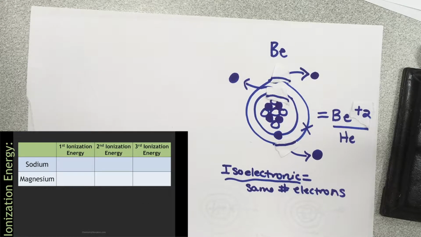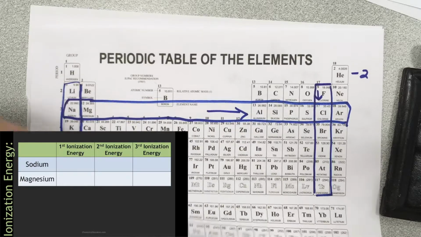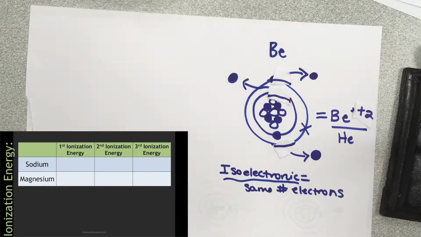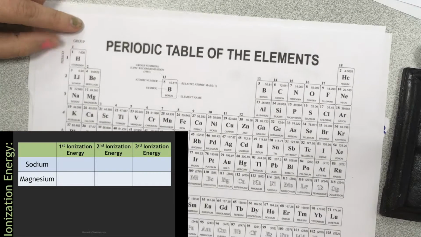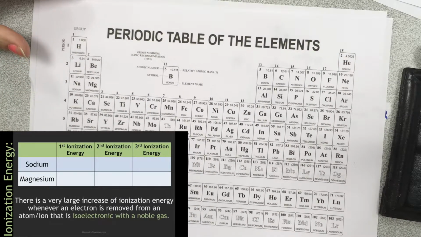And then I am finishing off this lesson with some actual examples of ionization energies. If you look, sodium has a first ionization energy of 495.9 kilojoules.